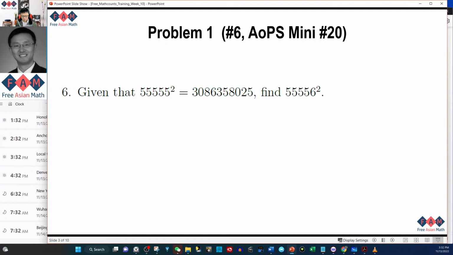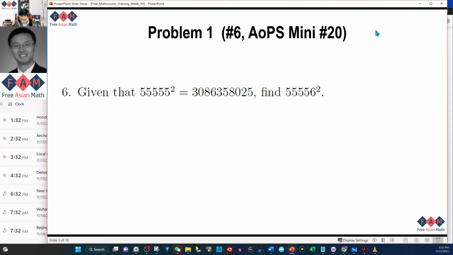So apparently you are provided with a known result and want to get the square of the next number. You really want to use the information that's given to you, right? We already have the square of 55555, and what's the square of the next number? How do we make the connection between what is known and what is unknown?